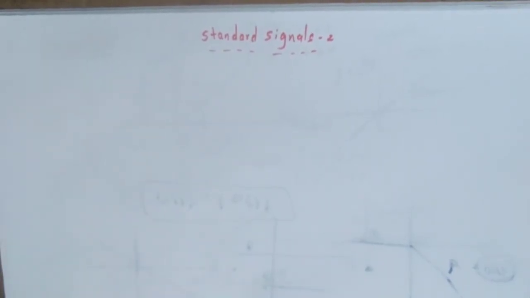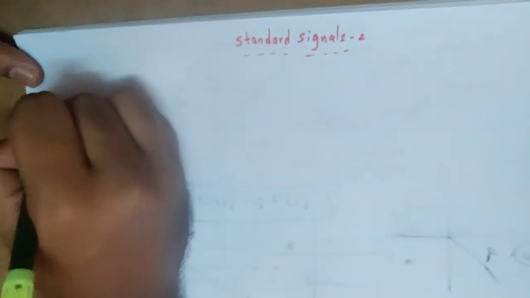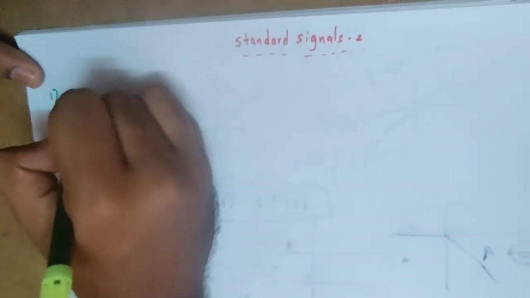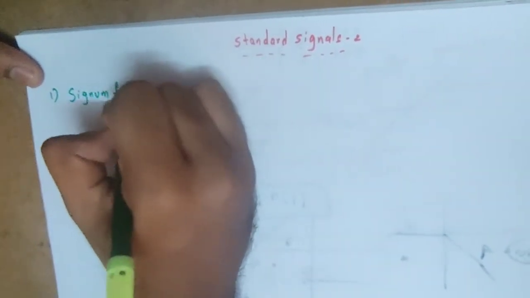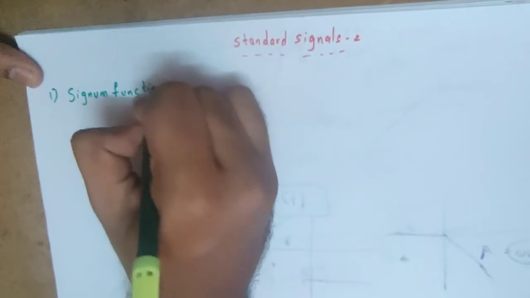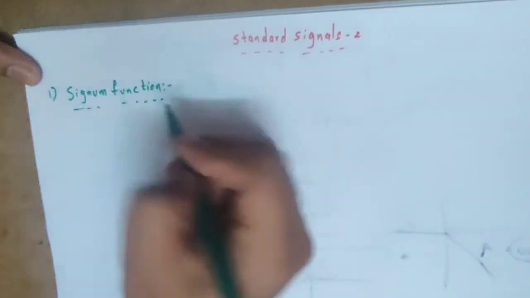Now let us discuss the standard signals. The next standard signal which we have is the Signum function. I already told you the difference between function and signal, which you must remember.